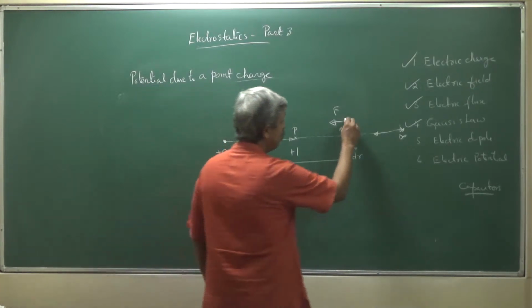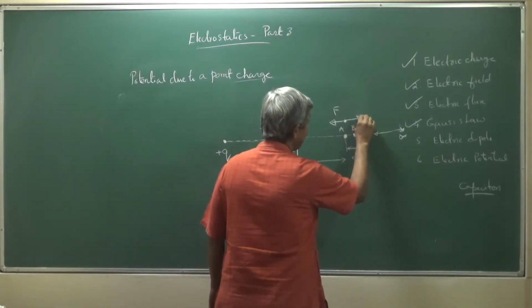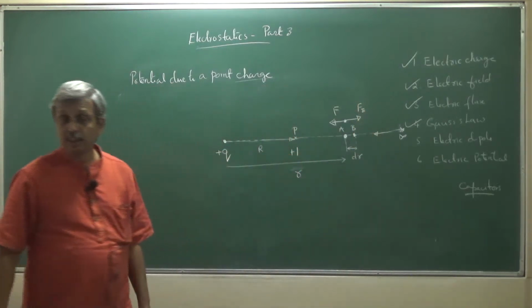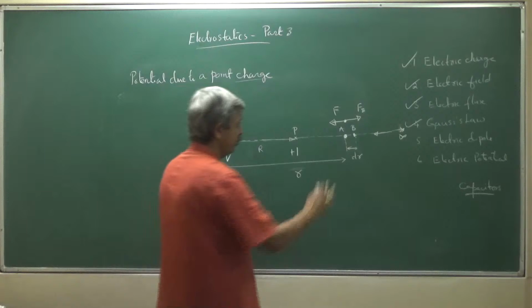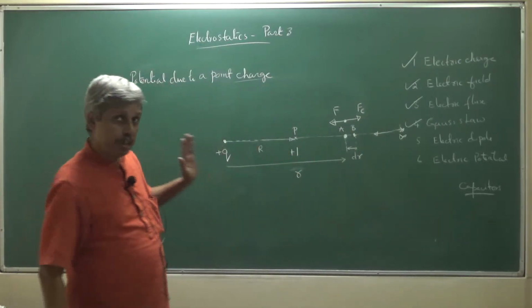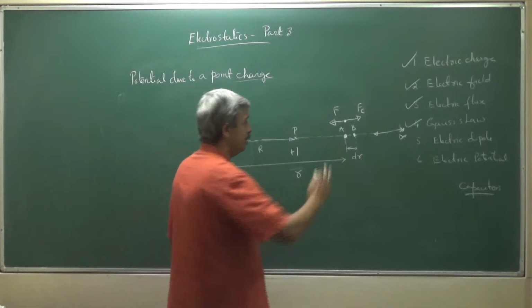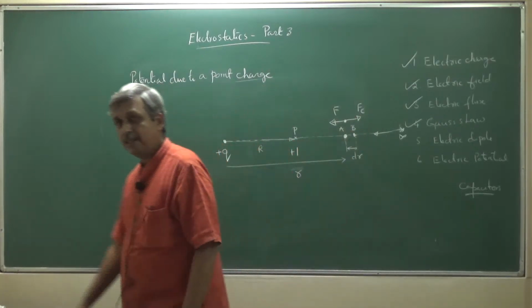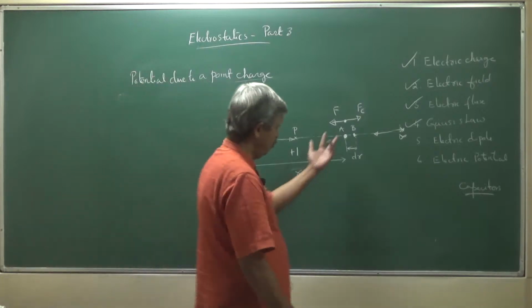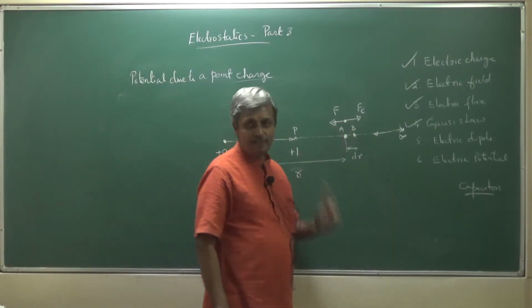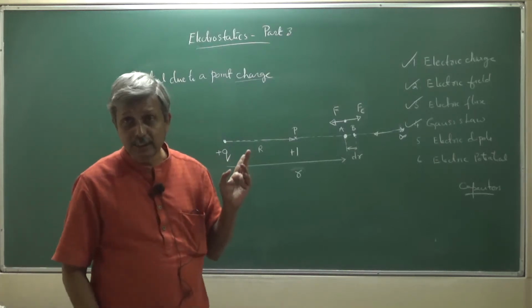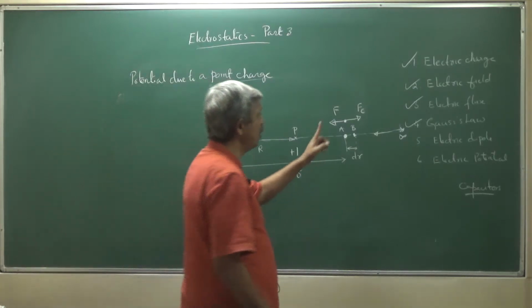I will call it the electrostatic force Fe, which is defined by the Coulomb force, so you can even call it Fc. It is pushing by Coulomb force, and in this direction you are pushing by yourself. If F is more than Fc, then only it will come this way. In this case, what we are taking is F equal to Fc.